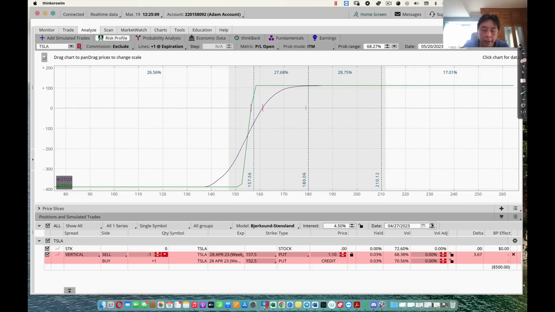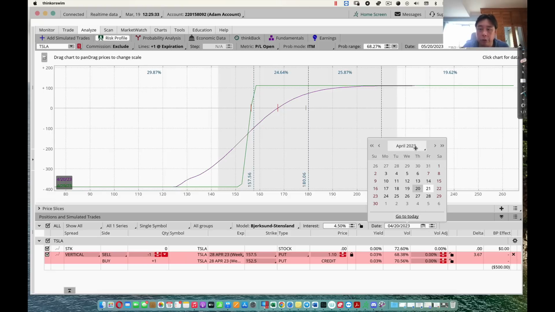Until eventually, on the 28th of April, the purple line will become the green line, and that's when you will realize the maximum profit of $110. Okay? So as time passes, you will see your profits grow until they maximize at expiration.